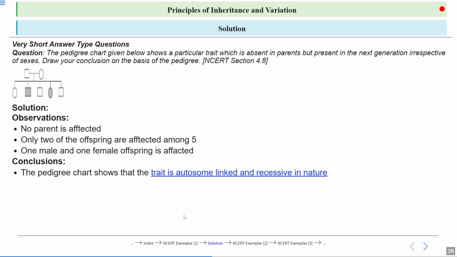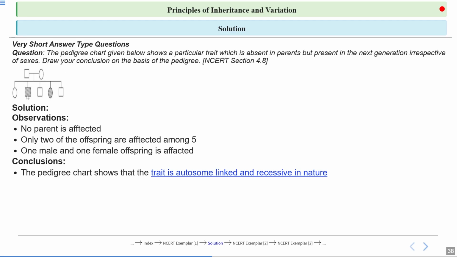So you can see what happens in autosomal recessive inheritance pattern. The parents are carriers, so they are not showing any disease, but the offspring are diseased here. Clear? So both the parents should be carriers here. They are carriers and they are unaffected.